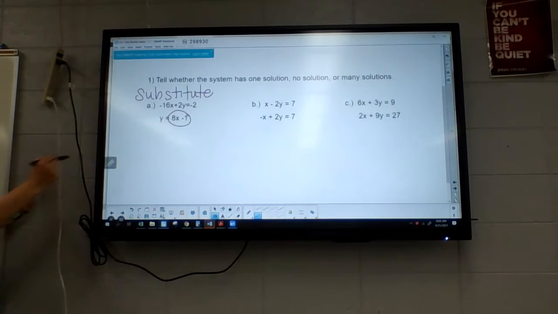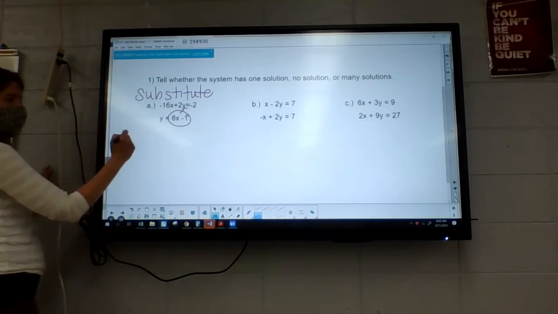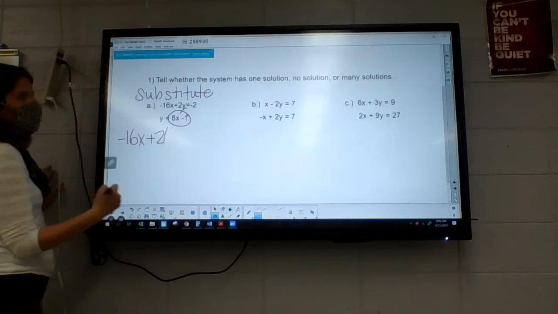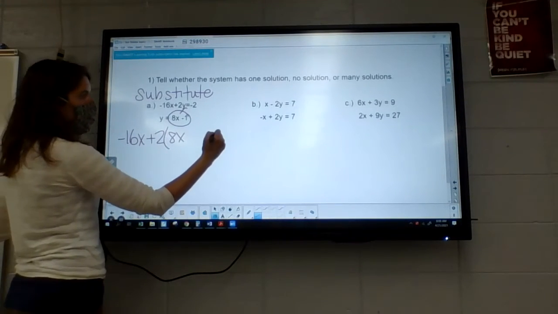I'm going to substitute the y in for itself here, and I'm going to use parentheses. So instead of the y, I'm going to use parentheses, and 8x minus 1 is what y equals.